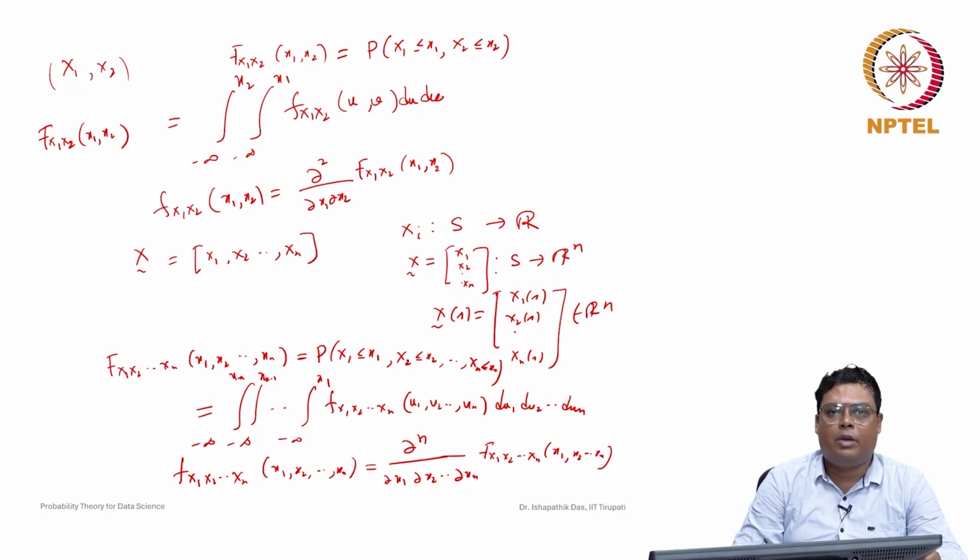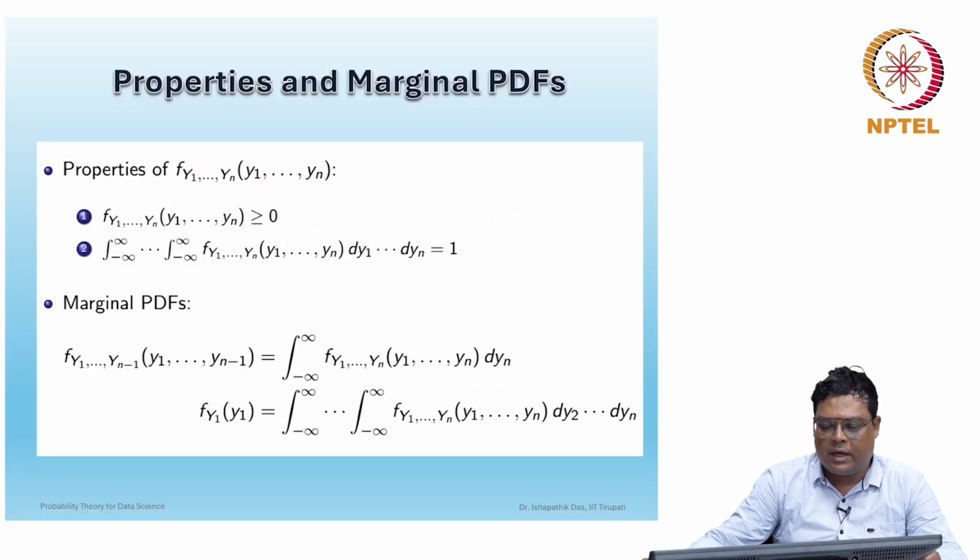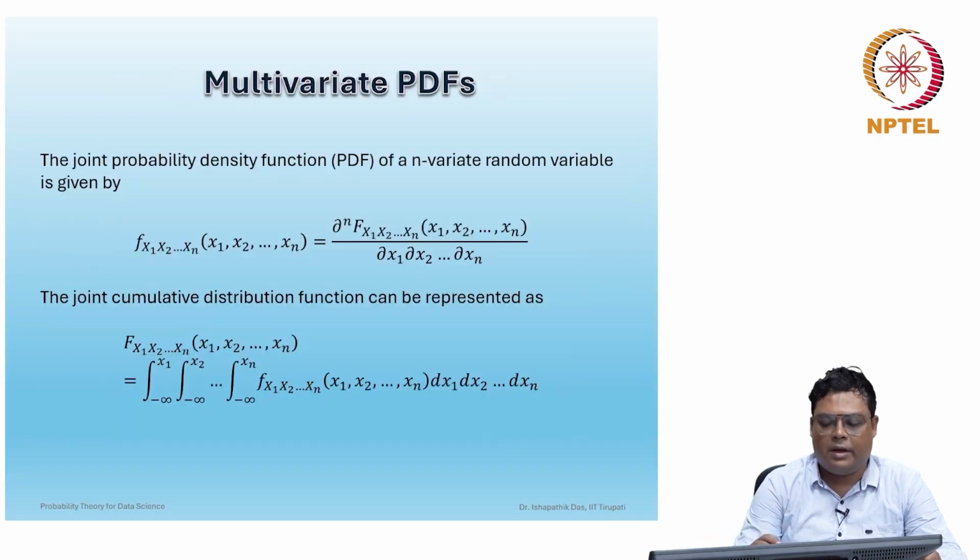Similar to the univariate and bivariate cases, this function has some properties. The joint probability density function of an n-variate random variable is given here, and the joint cumulative distribution function can be represented in this way, which we have already discussed.